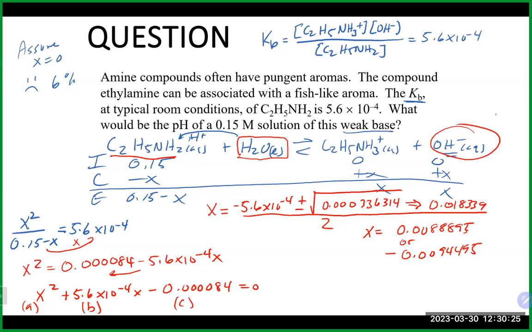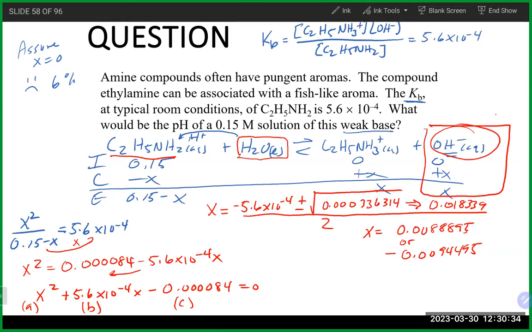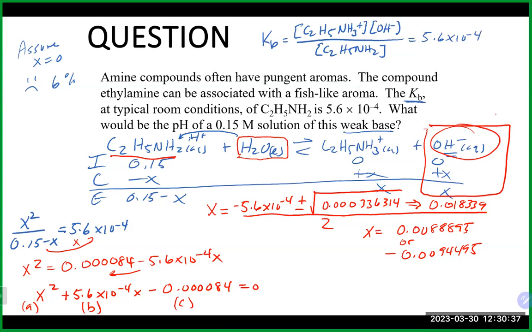So at this point, if we look back at our table, we can see that the hydroxide concentration actually is equal to x, which once again means here that the negative value is not going to work for us because we cannot have a negative concentration. Also really important, again, as I mentioned a couple of times, to make sure that you do have the equation correct, because if you do, you will now clearly see that that x value is actually the hydroxide concentration and not the H plus or H3O plus concentration.